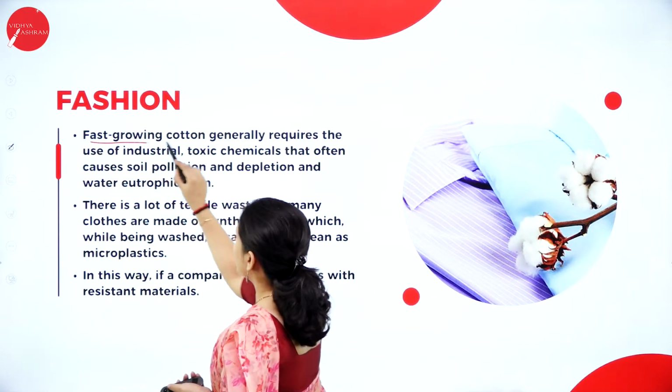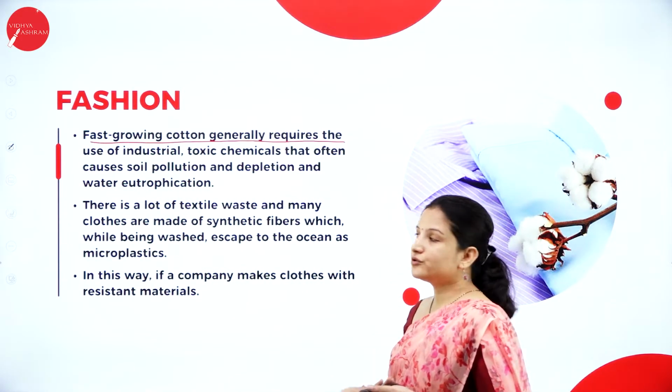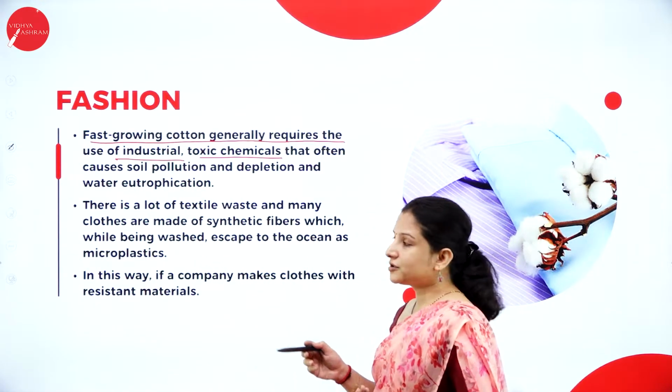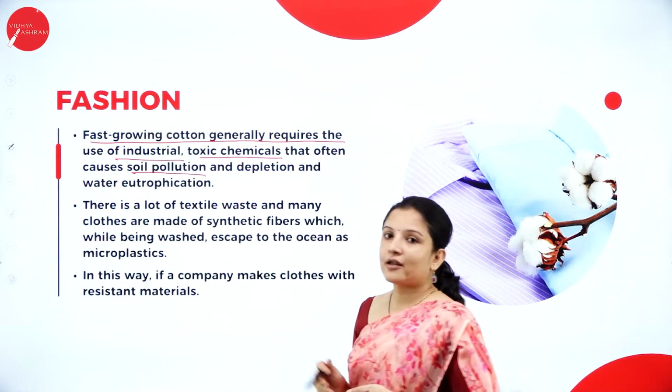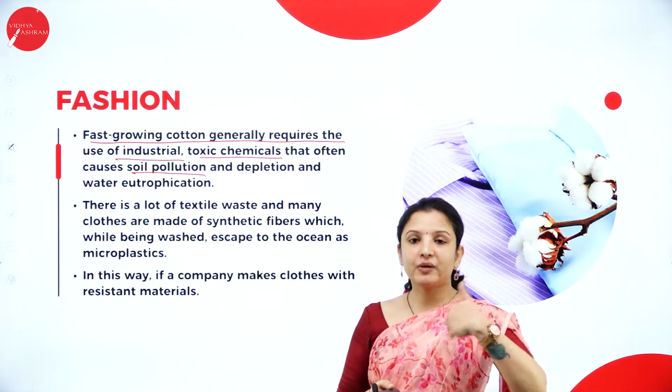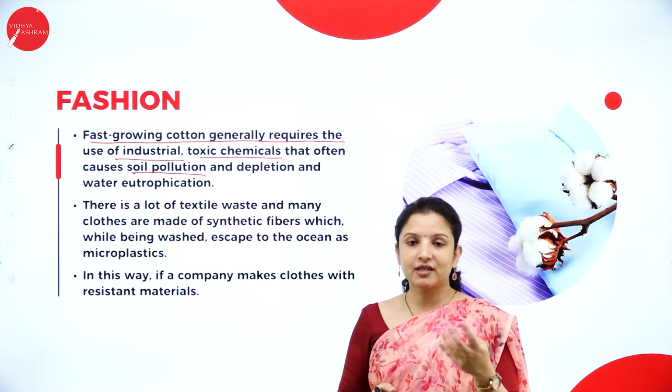Fast growing cotton generally requires the use of industrial toxic chemicals that often cause soil pollution. Cotton cannot be directly plucked from the plants and used directly. It has to be refined by the industries using various toxic chemical substances.